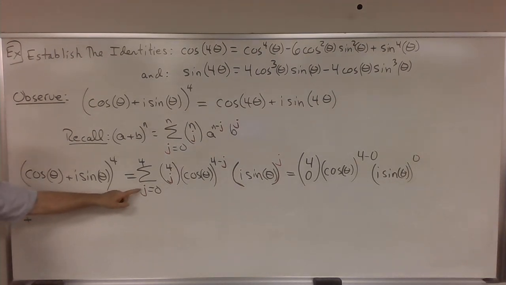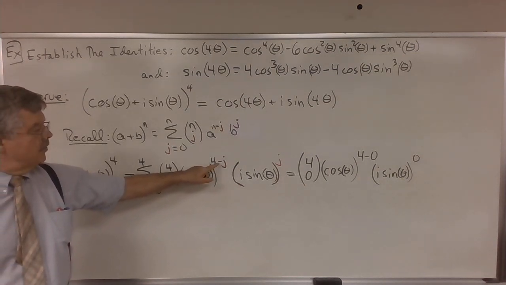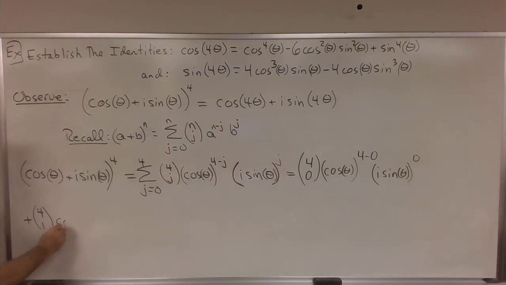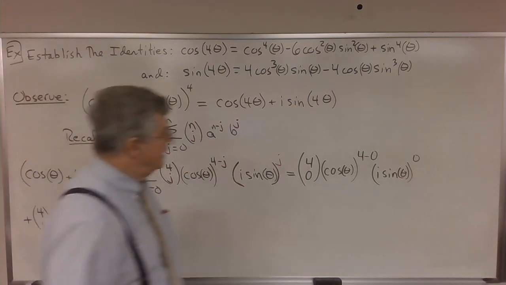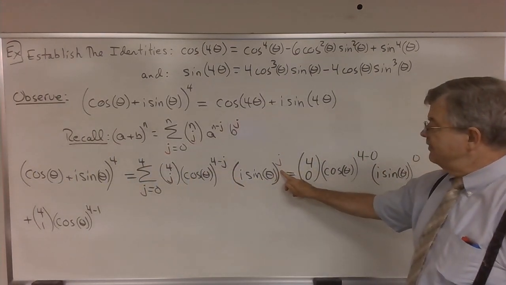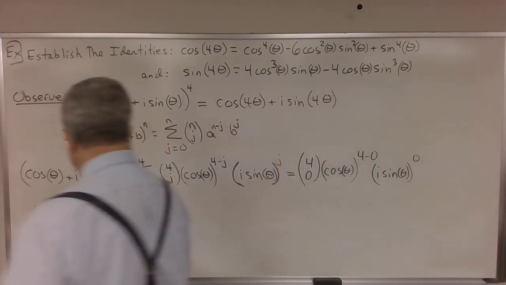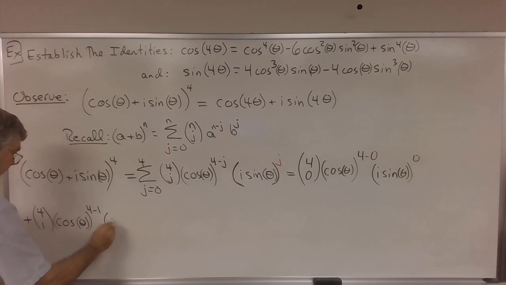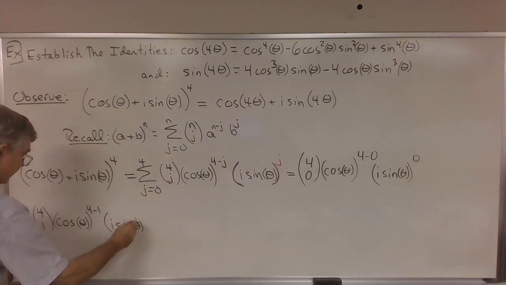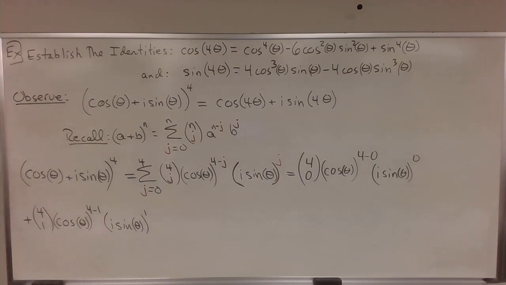When j is equal to 1, we have 4 choose 1, cosine theta to 4 minus 1, and i sine of theta to the 1. Okay, we've taken care of j equal 1.